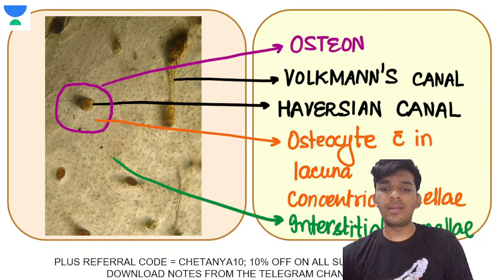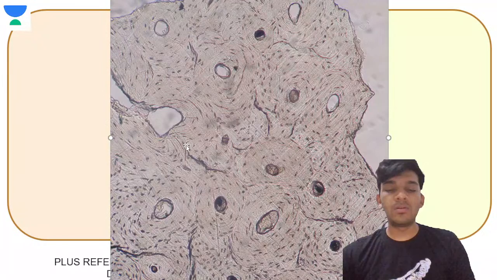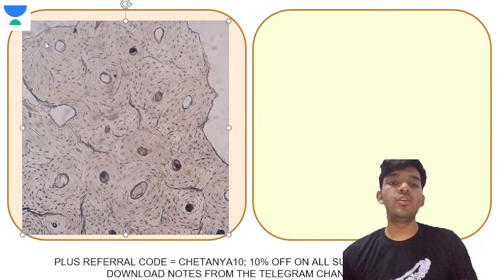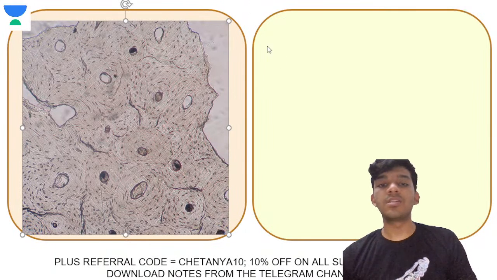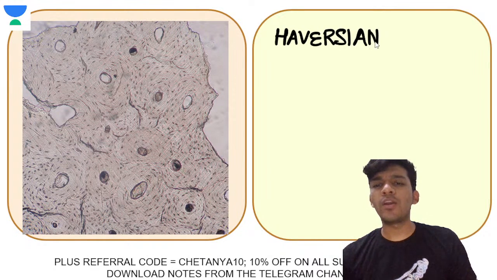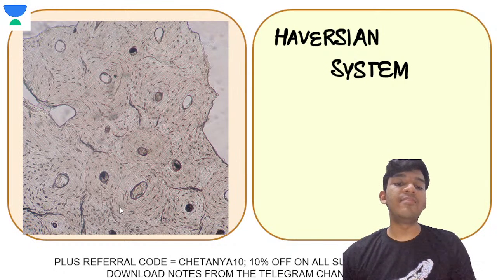Let's look at a different type. So this is again nothing but the Haversian system. You are able to make out osteons very clearly, concentric lamellae very clearly, and interstitial lamellae very clearly.